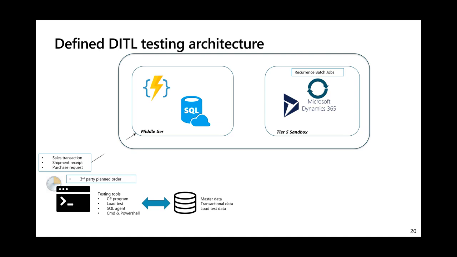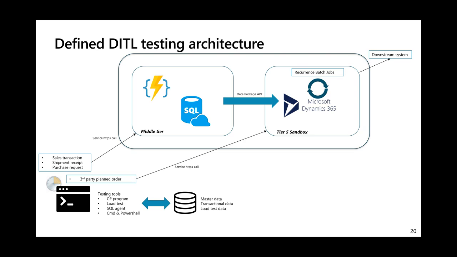One of my scenarios is sales creation from the sales transaction. The sales order is created by a sales transaction from a third-party POS tool. So for the sales transaction from the POS, I need to develop my own POS program to generate the sales transactions based on the master data and transactional data in the SQL Server I set up before.